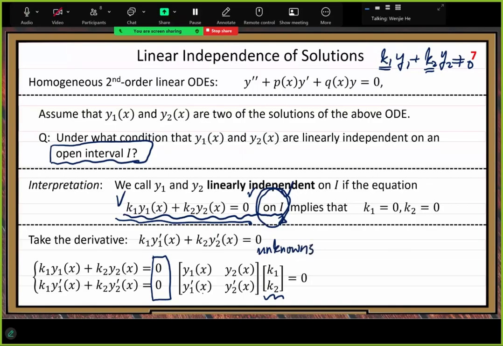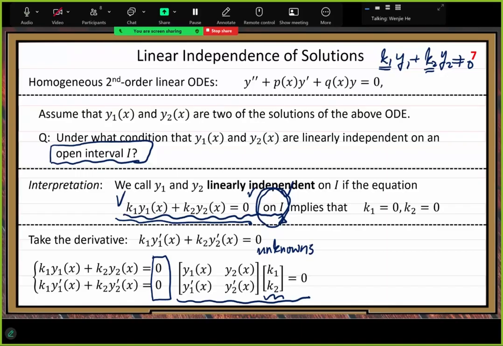Because y1, y2 are solutions, we treat them as the known solutions, known functions. So you have this homogeneous linear system.